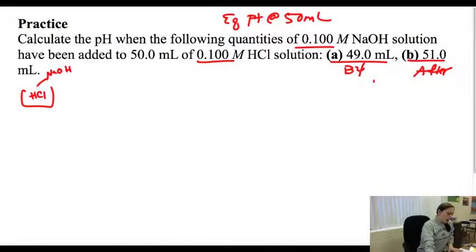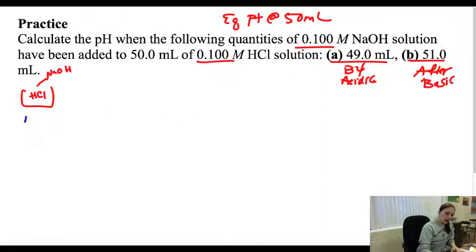What I need to do is figure out for A, before, what's dictating my pH. If it's before the equivalence point, that means I don't have quite enough base to neutralize my acid, so I should be acidic here. After, I'm going to have excess base because now I've neutralized all 50 milliliters of the acid, so this one should hopefully be basic. So let's keep that in mind.